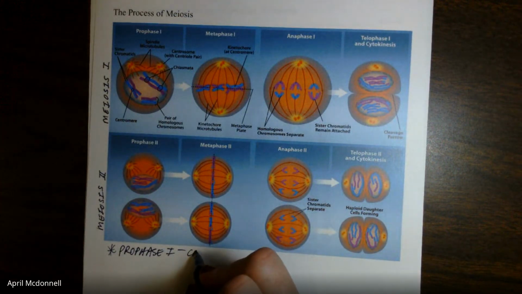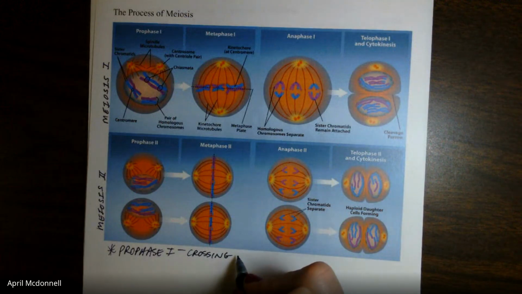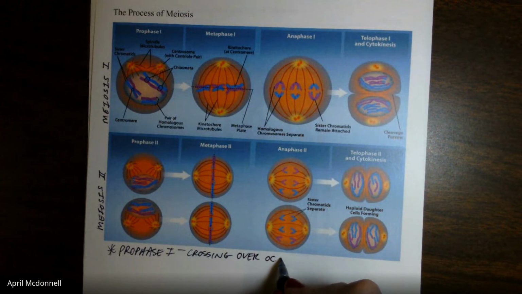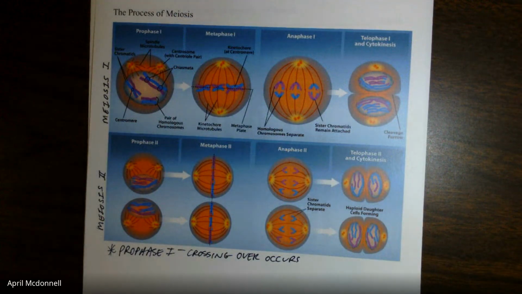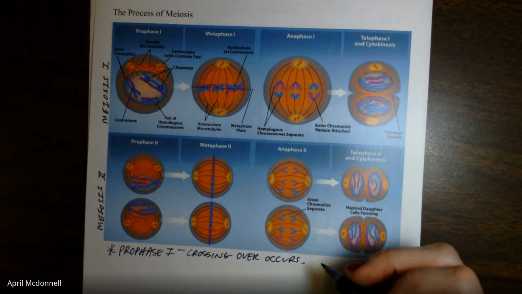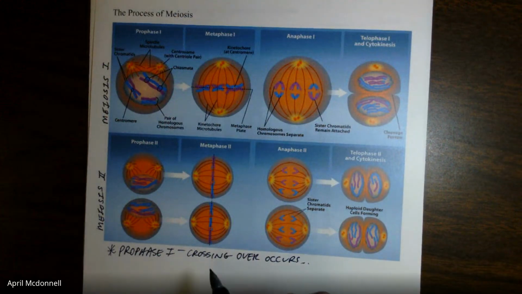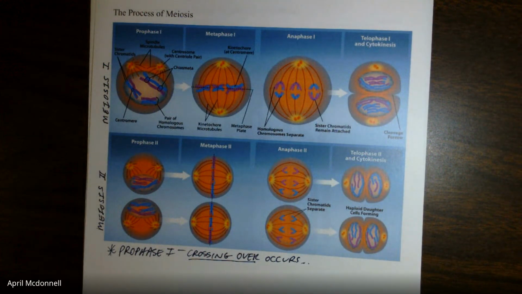This event is called crossing over, which we will discuss in a little more detail soon, and it occurs during prophase 1.